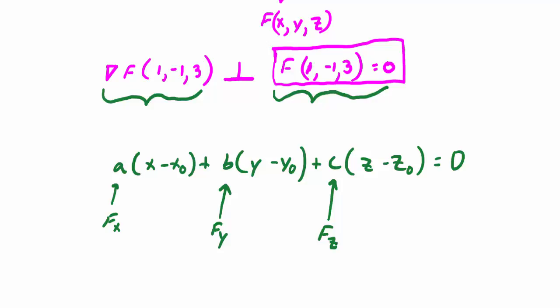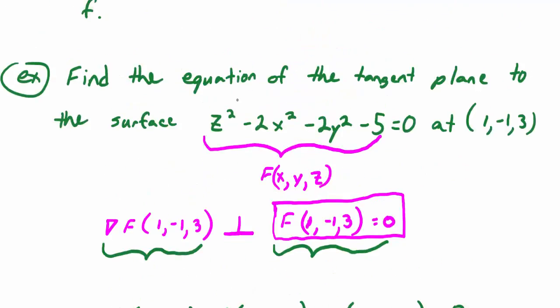So it's an alternative equation of the plane, and it works every time. The equation of the plane that we gave you last time depends on the fact that you can solve for z, which isn't always possible. Okay. So what are you going to do here? You're going to take the partials, right? If you're not sure about that question in this chapter, just say take the partials, and you'll probably be right. So let's take the partial of f with respect to x, y, and z, and evaluate all of those at 1, negative 1, 3, and that will comprise the components of our normal vector.